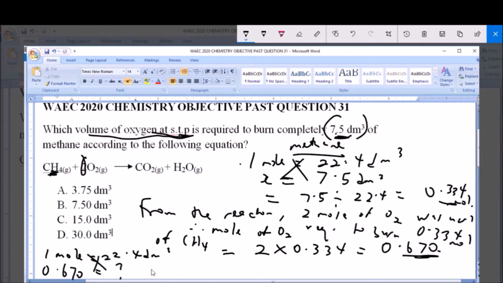So again, if you cross multiply, the unknown volume is equal to 0.670 times 22.4 dm cube, and that is approximately 15.0 dm cube. 15.0 dm cube is option C. So option C is the correct answer to this question.